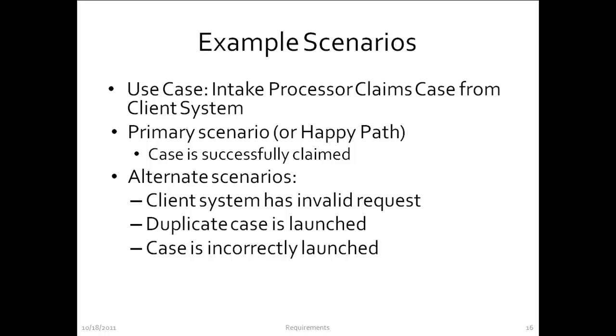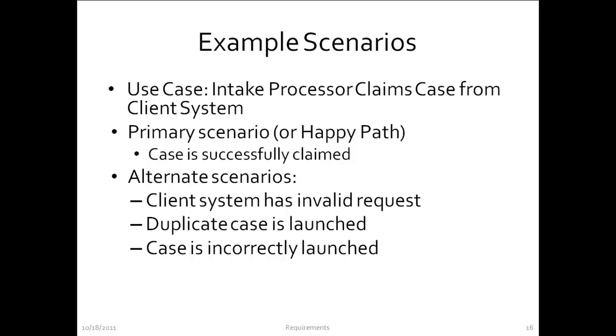For example, the client system could have an invalid request. The situation here was that the Countrywide home loans system could generate what looked like a foreclosure request, but because of some bug in their software, it was actually not a request to process a foreclosure. It could even have been a bank loan request that somehow got into their system. Or it could be a request that's been posted as a duplicate.